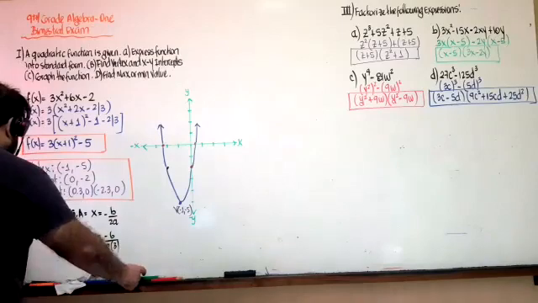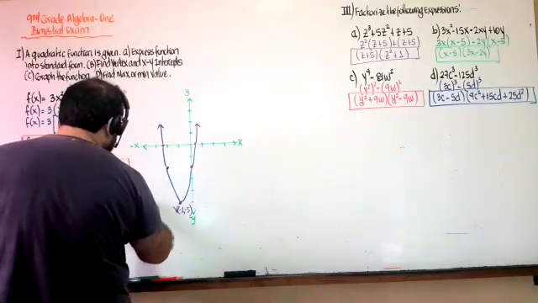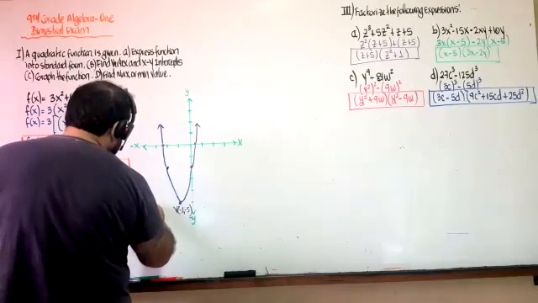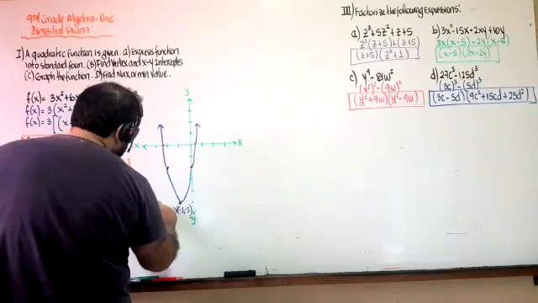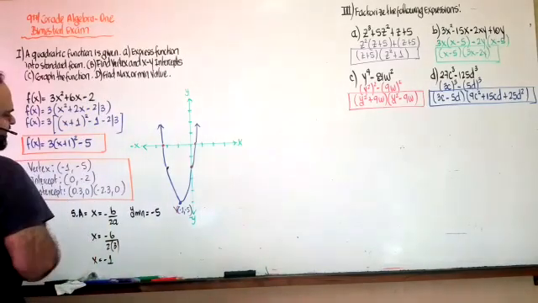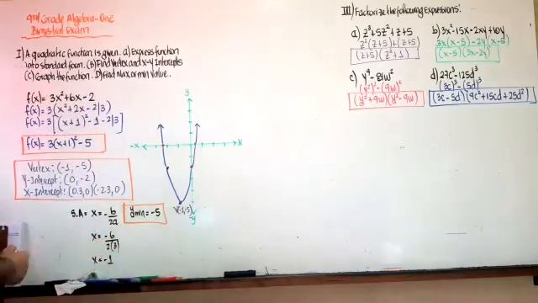For that reason, the minimum value is y minimum equals -5. And we have fully completed the requirements from the first part of the problem.